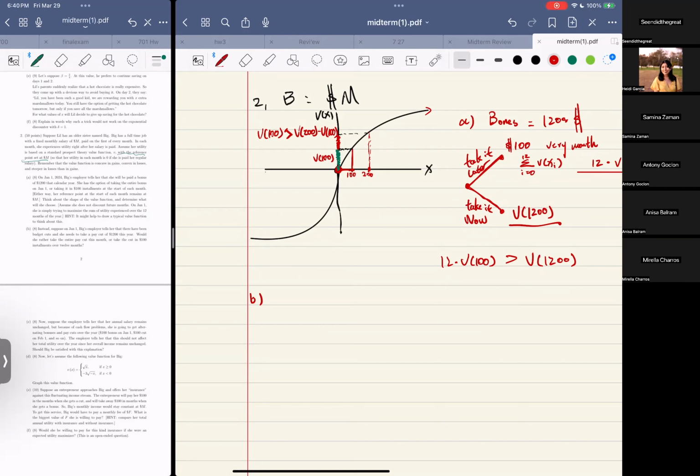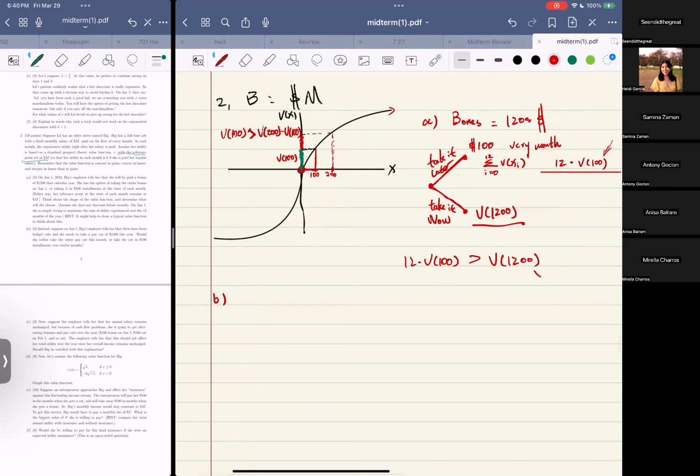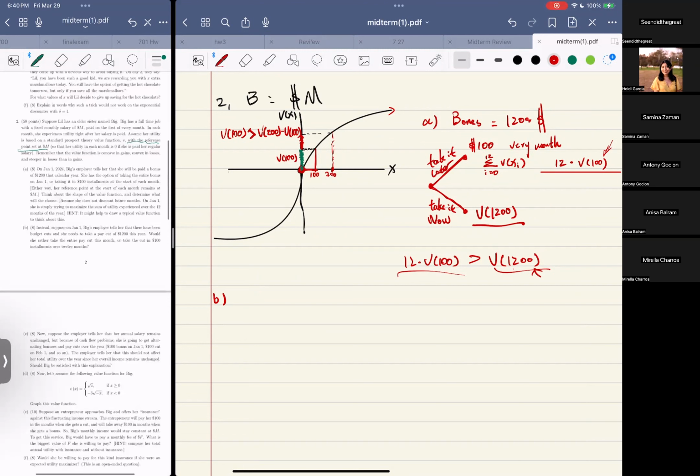I think for question 1 you need to explain why V of 1200 is greater than 12 times V of 100, which is the property of prospect theory, right? Okay. Let's go over B.